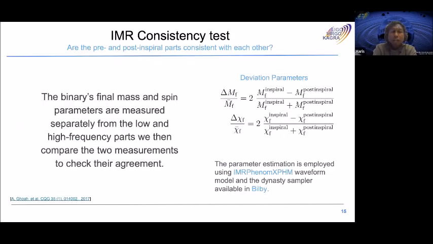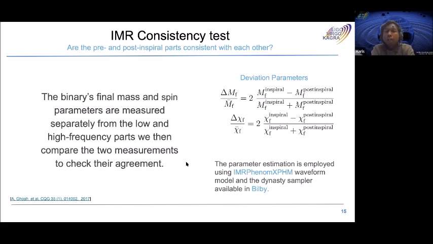So the next test in this category is the IMR consistency test, that is the inspiral-merger-ringdown consistency test. Here we check the consistency of different parts of the waveform, basically the inspiral region of the waveform and the post-inspiral region of the waveform. For this, we estimate the mass and spin of the final black hole using the inspiral part of the waveform and the post-inspiral part of the waveform separately, and check whether these estimates are consistent or not.